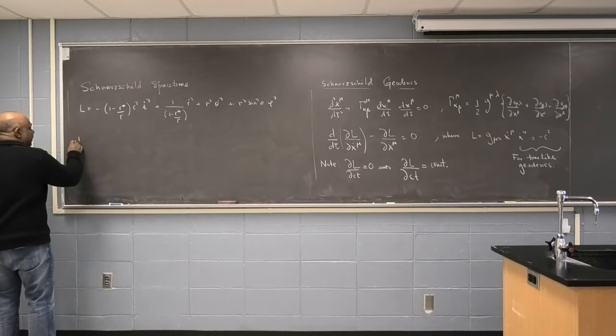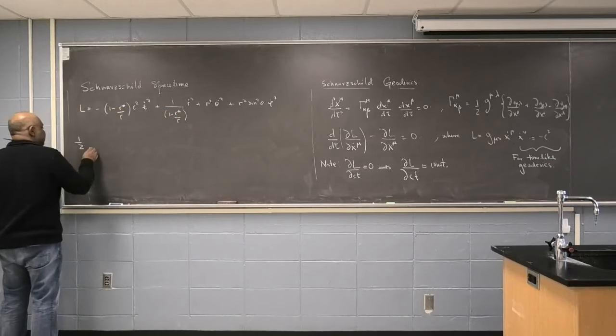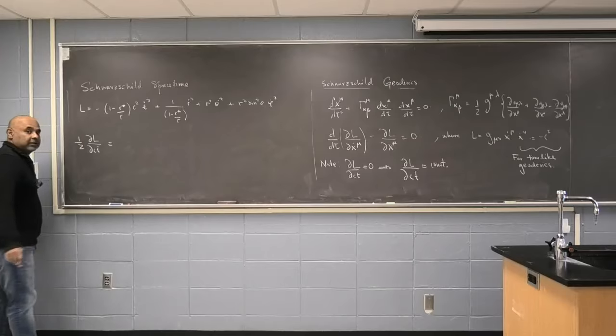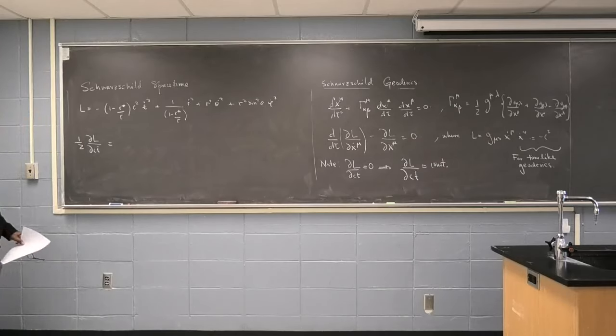So, for E, because there's a squared, this is also conserved. If something is conserved, 1/2 of it is also conserved. What is that?